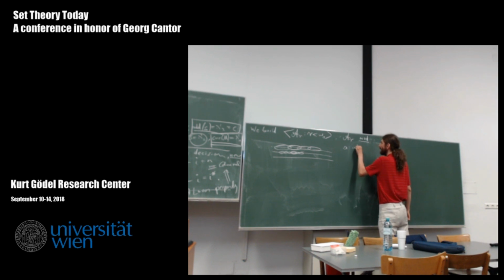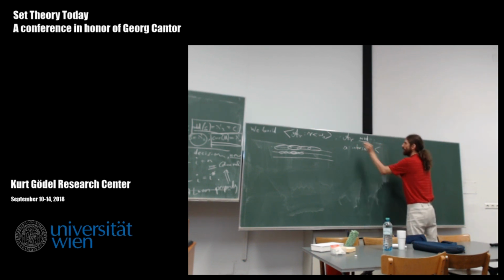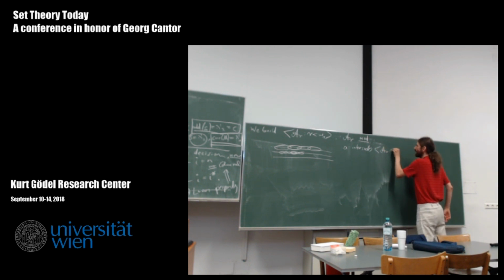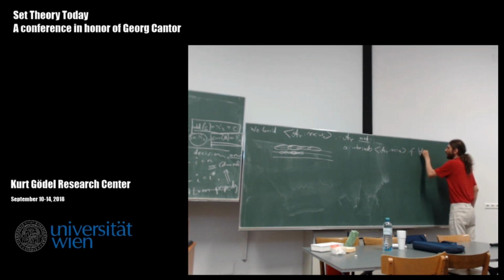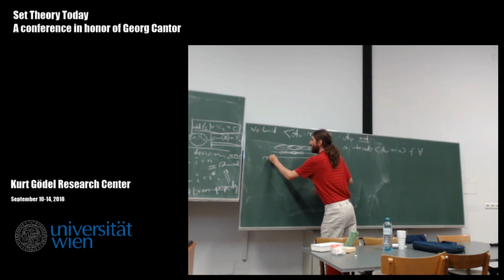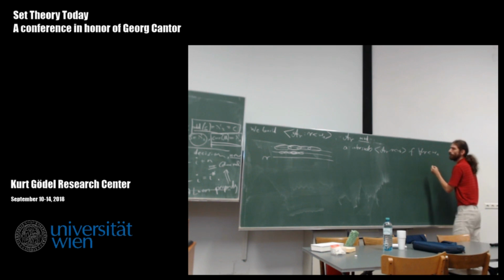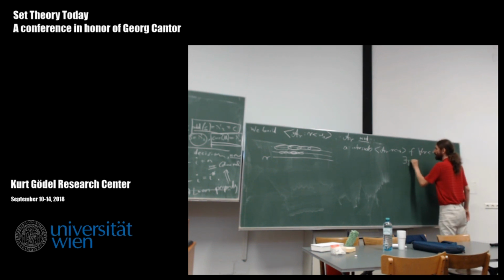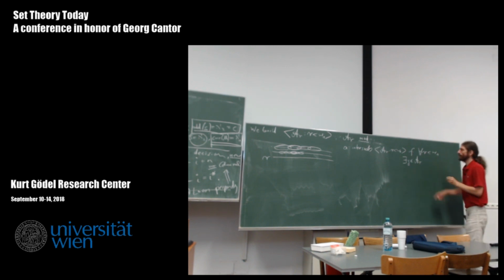A intersects this matrix of mad families if for each line nu, for each mad family, it's the case that we can find an element in it, a y in A nu, such that this set is almost contained in y, right?